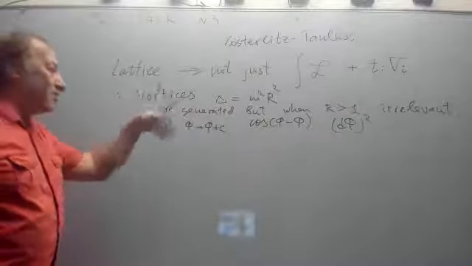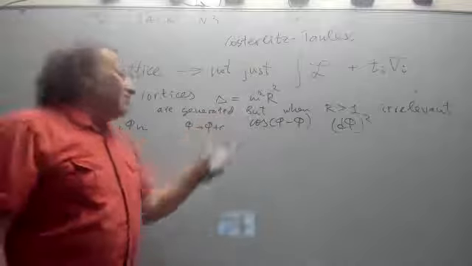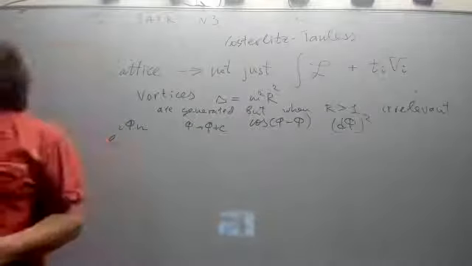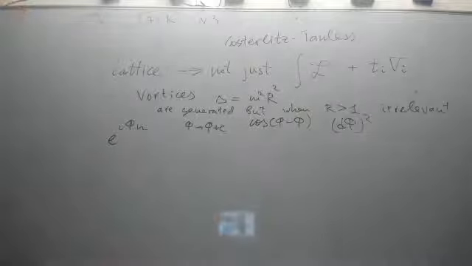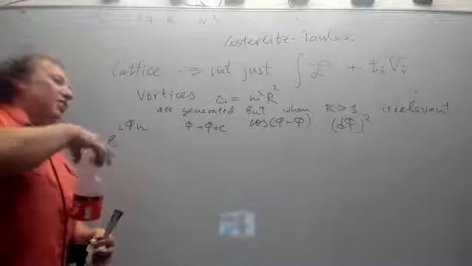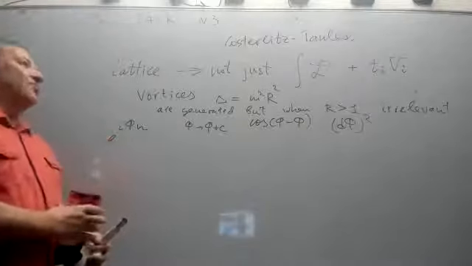So vortices at Kosterlitz-Thouless, so that's what happens. And that means that when you are saying that you are writing down a functional integral, you should give a definition. What do you mean by a functional integral?